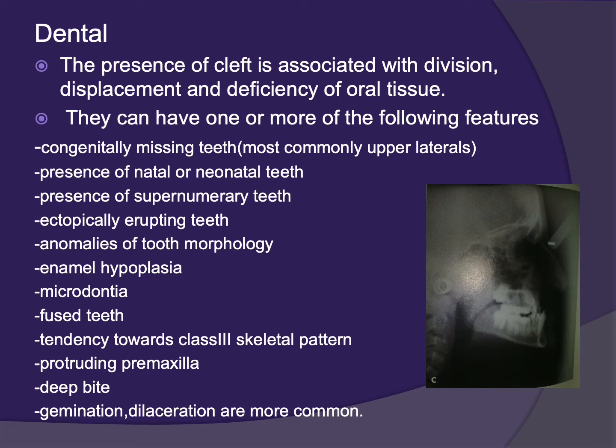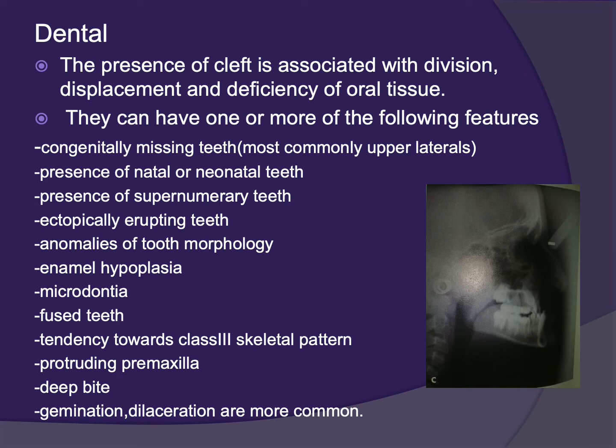They have microdontia, fused teeth, abnormality in the crown shape, germination, dilaceration, macrodontia, mobile teeth, and they also have a tendency towards a class 3 skeletal pattern, and posterior and anterior crossbite may occur. They also may have a protruding premaxilla.